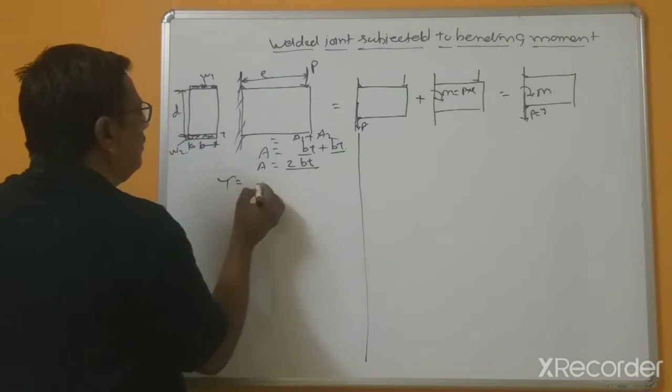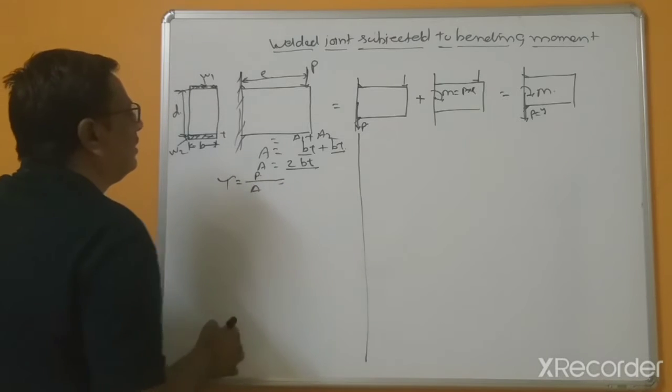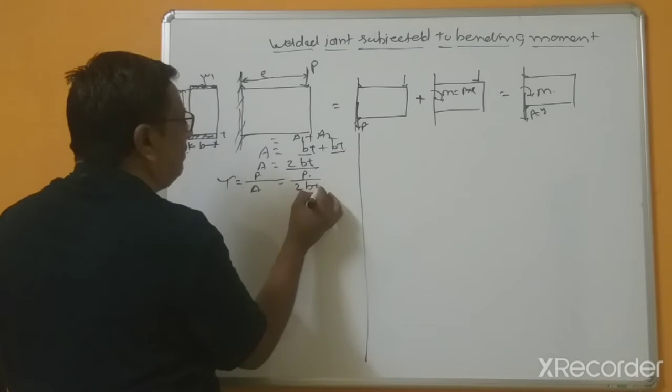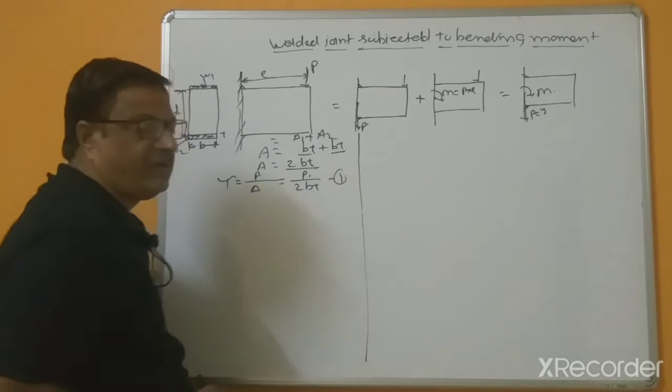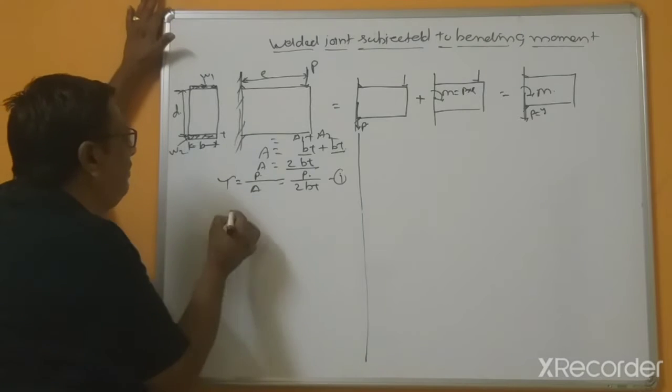Shear stress equals force divided by area, so that's P divided by 2BT. This is the first equation.